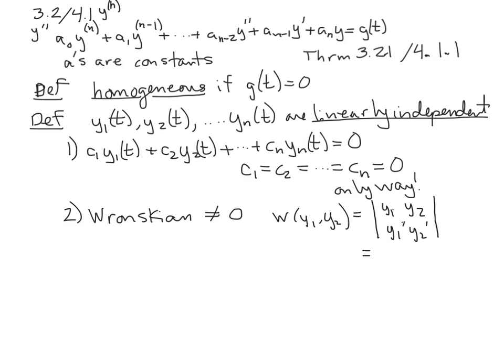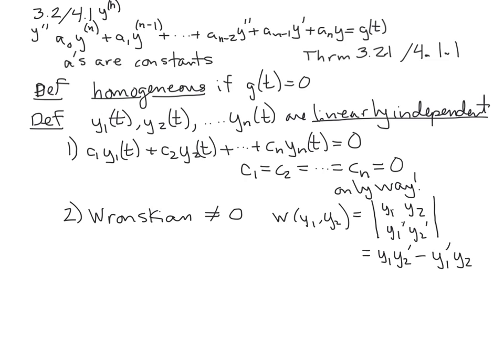This is kind of an algorithm for a determinant: you multiply down, then come over here, multiply up, and subtract that multiplication. So it goes y1 times y2 prime minus the other diagonal multiplied together, y1 prime, y2. So that's the Wronskian for 2 functions.